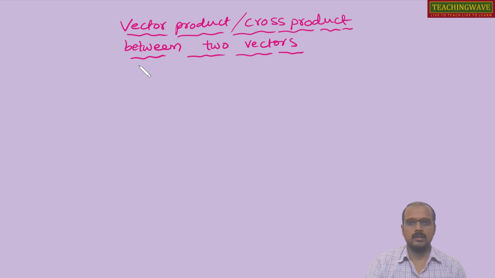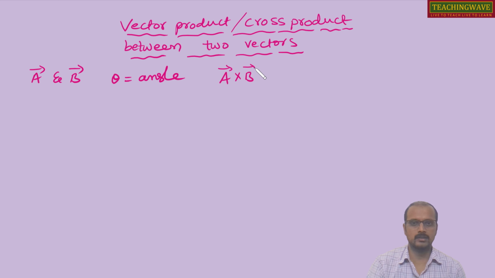To define the vector product or cross product between two vectors, let us assume any two vectors a bar and b bar. These two are non-zero, clear and well-defined vectors, and the angle between them is theta. Then the cross product is represented as a bar cross b bar, which is equivalent to ab sine theta into n cap.